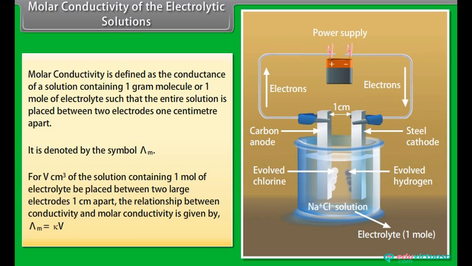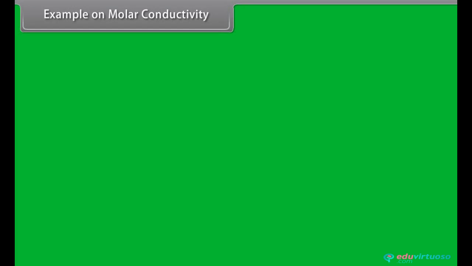For V centimeter cube of the solution containing 1 mole of electrolyte placed between two large electrodes 1 centimeter apart, the relationship between conductivity and molar conductivity is given by lambda m equal to the product of kappa and volume.